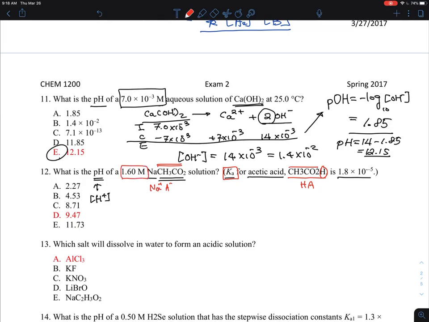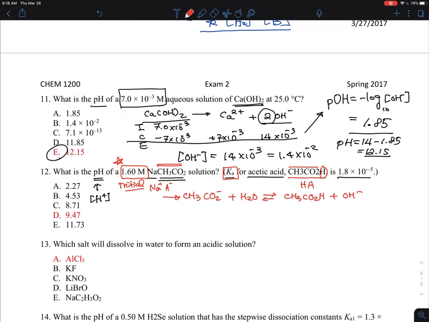So you do want to have your conjugate base, CH3CO2 minus and H2O going in, and then CH3CO2H plus OH minus.